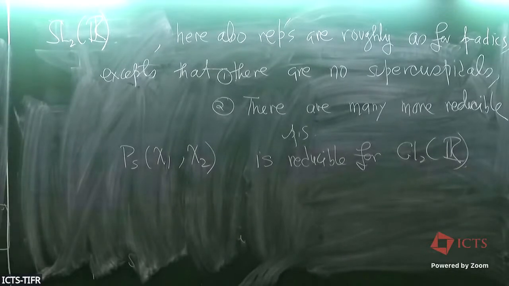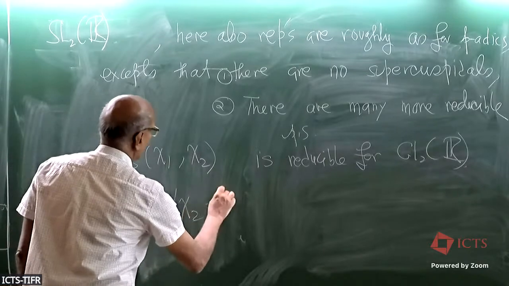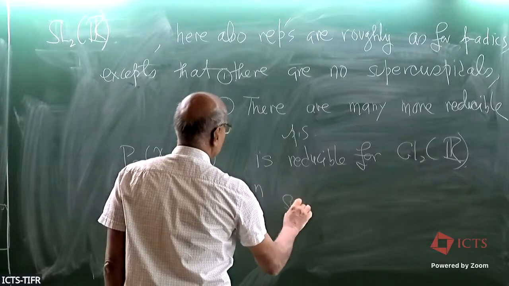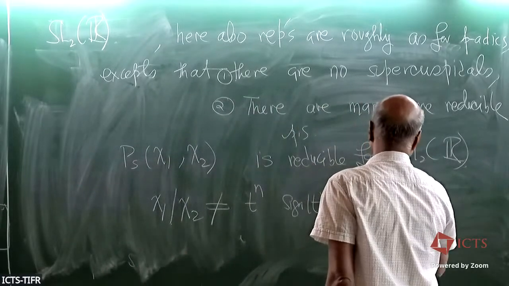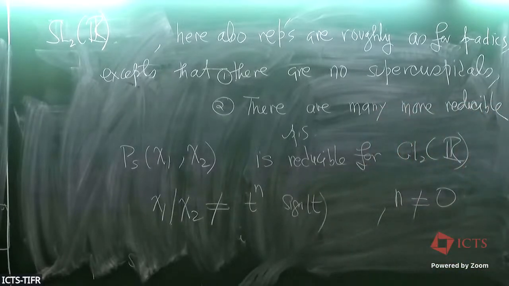And here the condition is that chi1 upon chi2 is not equal to t to the power n sign t. So the reducibility points are many more.